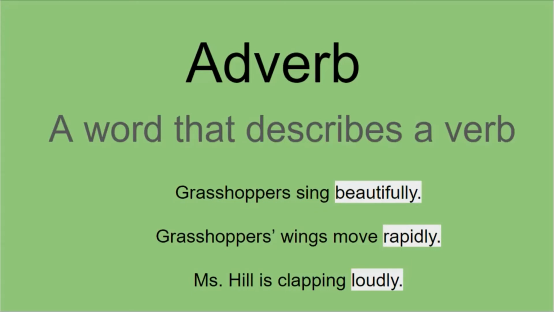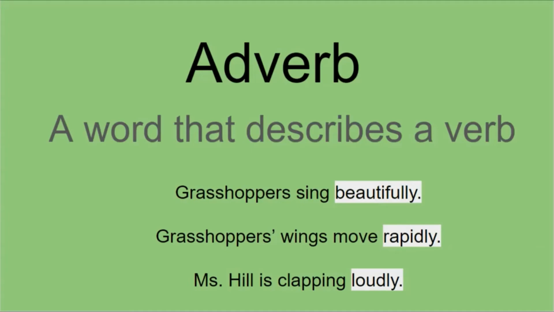We also learned that grasshoppers' wings move rapidly. Take a minute, what's the verb in that sentence? Grasshoppers move rapidly. Our verb is move. Now see if you can think of what the adverb is. The grasshopper's wings move rapidly.